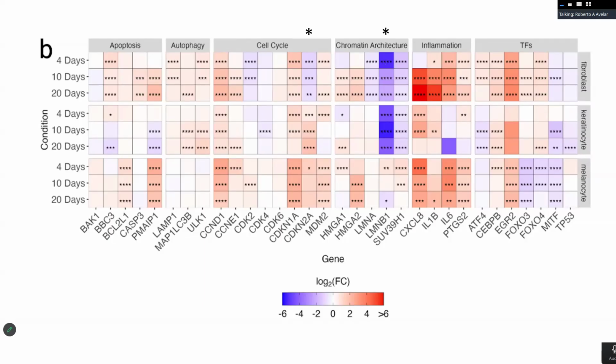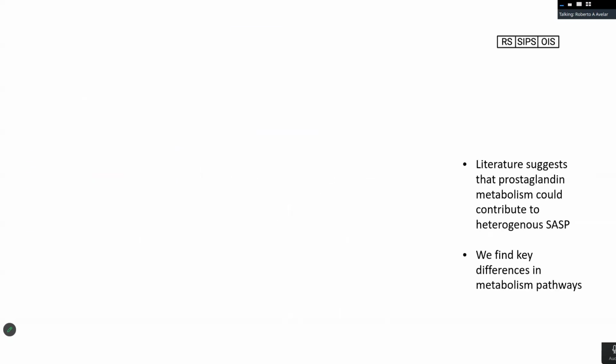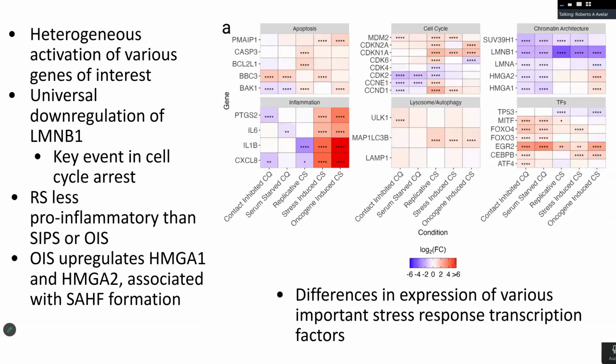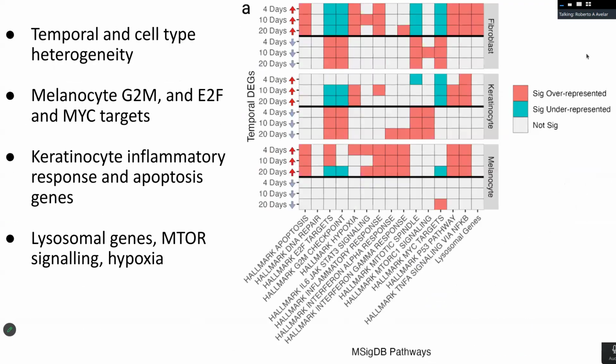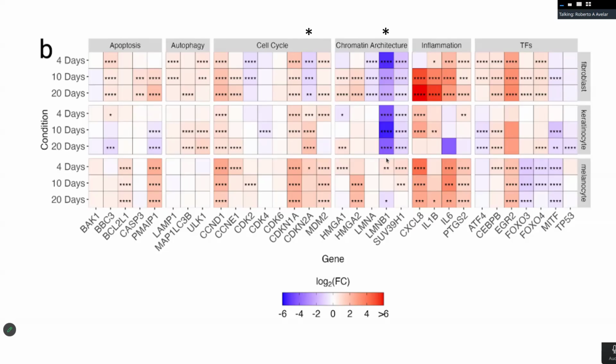And indeed, in our first panel, if I can just go back quickly, we see that lamin B1 is downregulated across the quiescent and the 3 senescence conditions. But when we consider the melanocytes, we see the opposite: in early senescence, or early stress responses, we see an upregulation, completely unexpected.